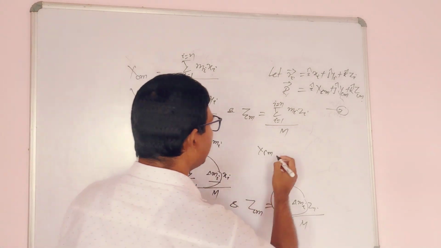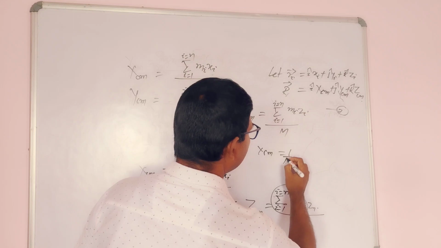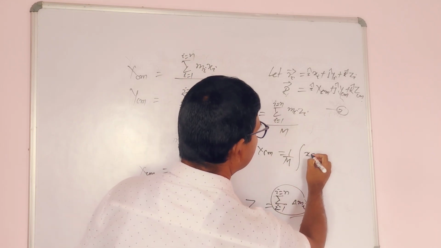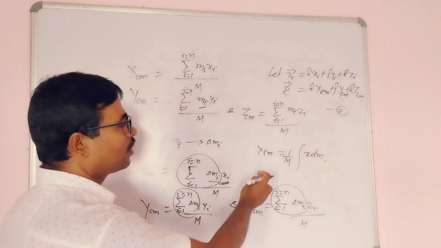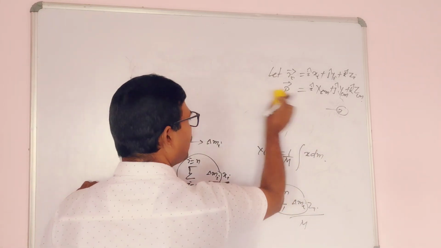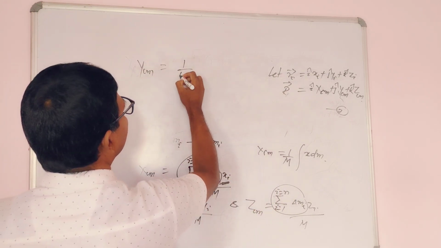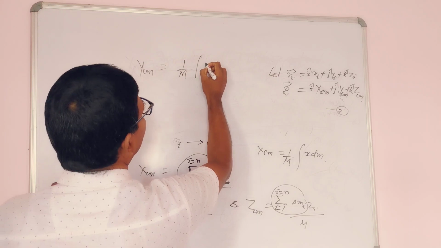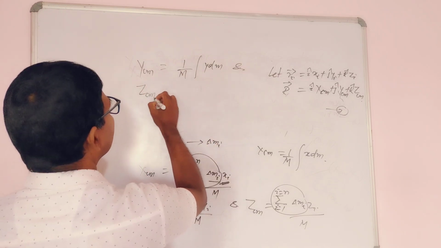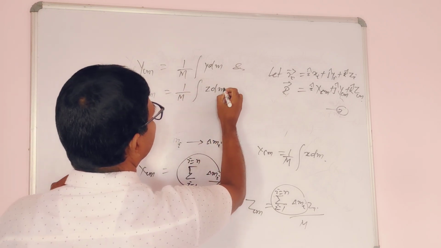So in this way you will write xcm is 1 by M integral of x dm along the x axis. Similarly for the y axis, ycm is 1 by M integral of y dm, and zcm is 1 by M integral of z dm.